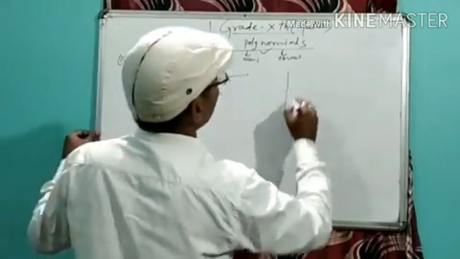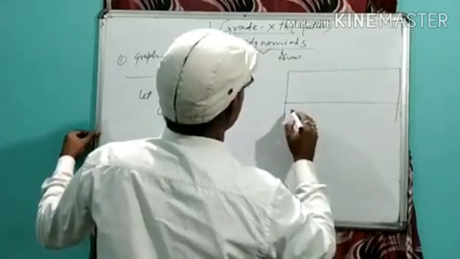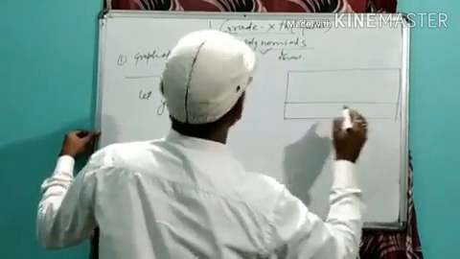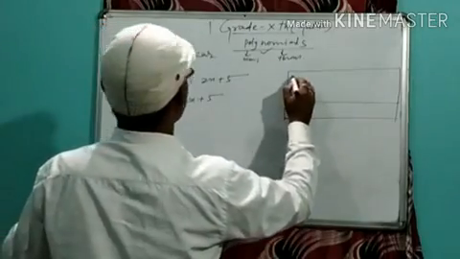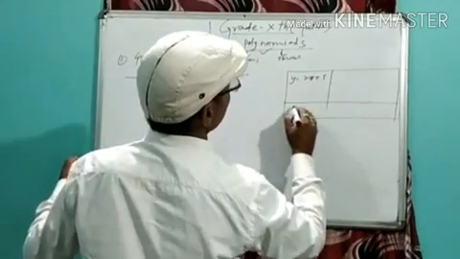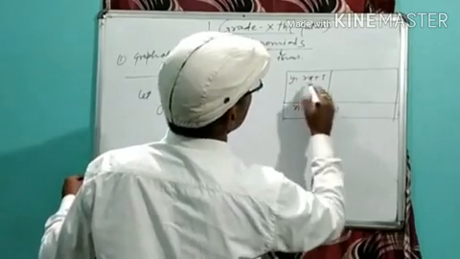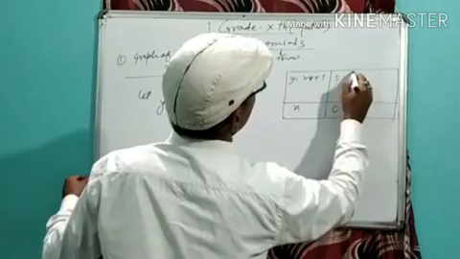To find the graph, at first we have to take values. Here is y equal to 2x plus 5. Here is x. Take 0, here will be 5.